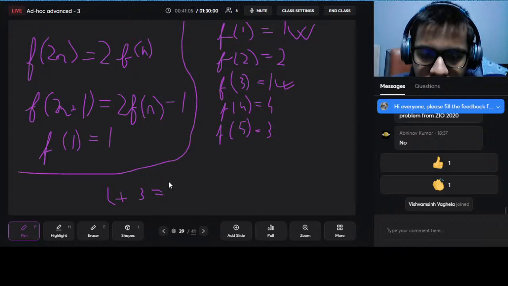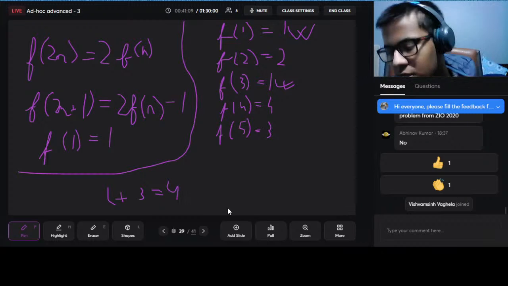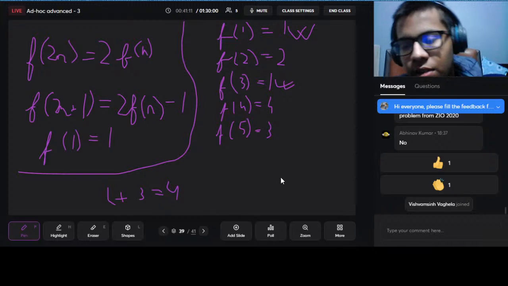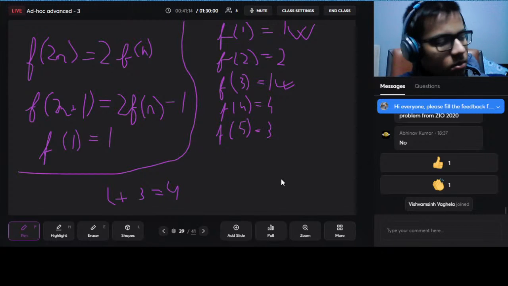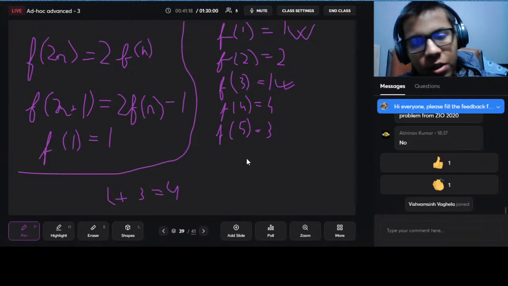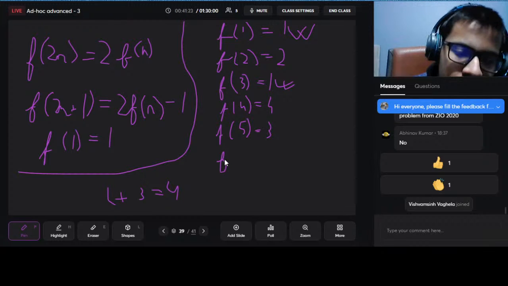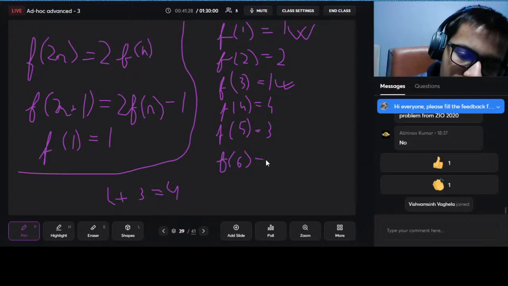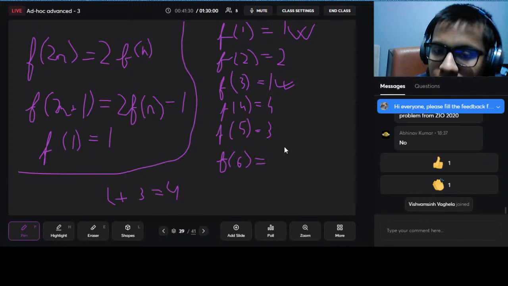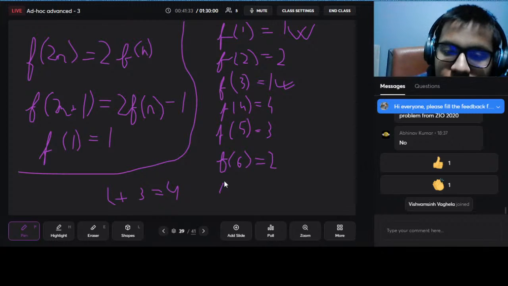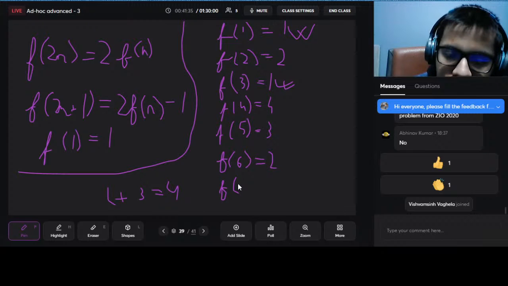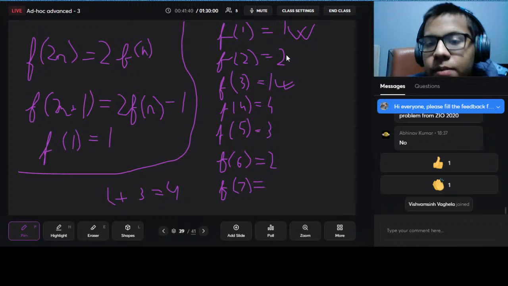But the interesting part is the general case. What happens when the thing we are doing is general? In fact, if you now try to continue this, you'll notice something very interesting. F of 6 is actually 2 and f of 7 is 1, which is interesting because the pattern seems to be coming this way.